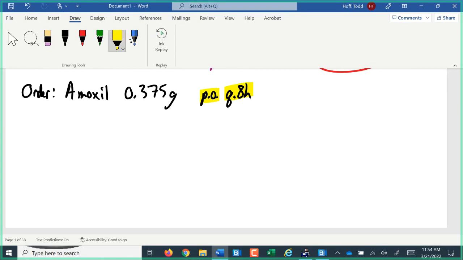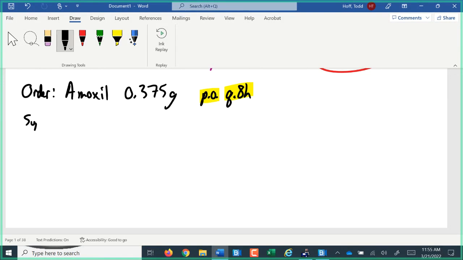Again, if we were looking at safe dosage, to figure out a safe dosage, that Q8H would be important to us to be able to compare that to however many hours the doctor recommends or what the label recommends. But for right now, we're just calculating a single dose, so that doesn't matter.